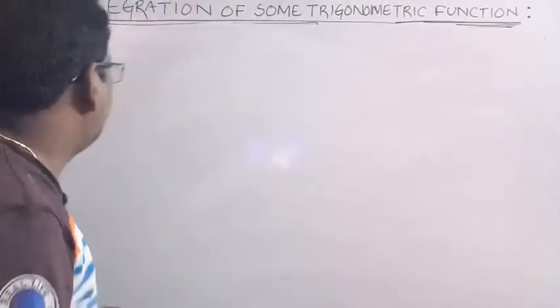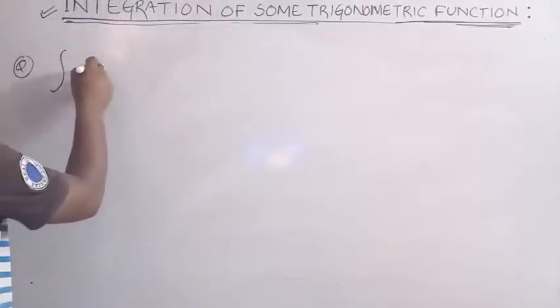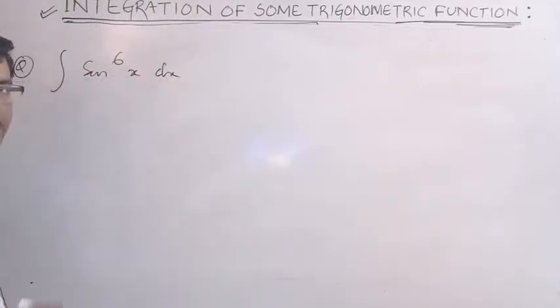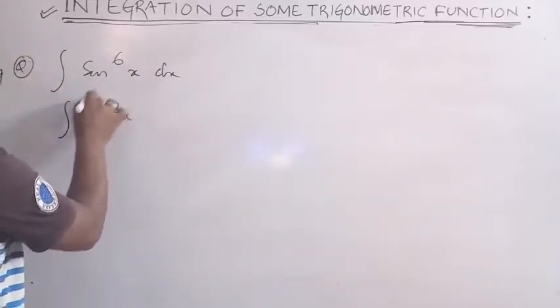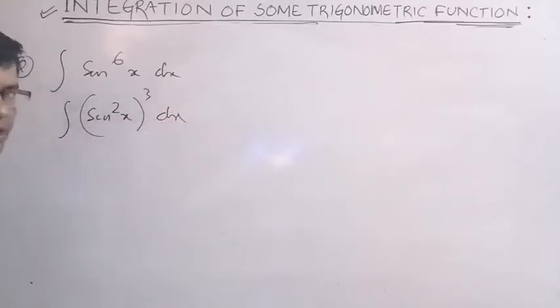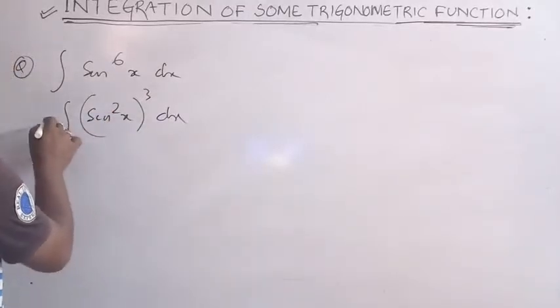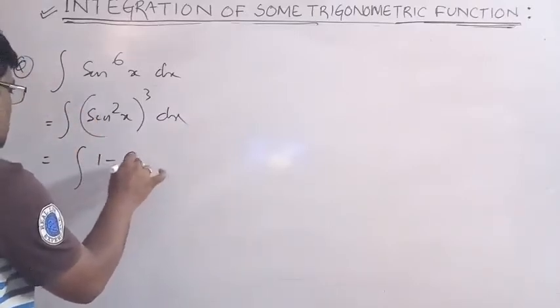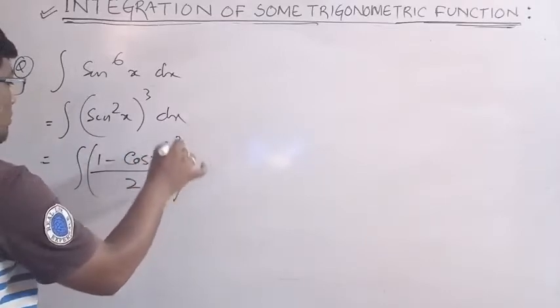Now, another question. Integration of sin power 6 x dx. This is even, so you have to reduce it into square form. So this is sin square x whole cube dx. Now this is sin square x whole to the cube, so sin square x is 1 minus cos 2x by 2 whole cube into dx.